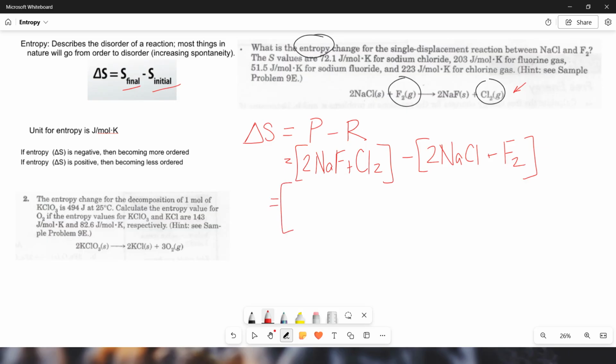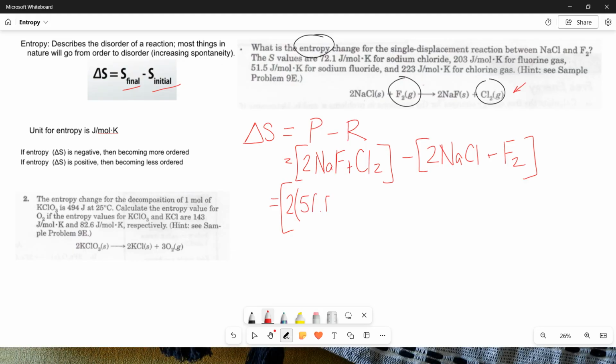So if we go ahead and substitute in 2 times the sodium fluoride value, which is 2 times 51.5, plus the chlorine value, which is going to be 223, minus 2 times the sodium chloride value, which is 72.1, plus the fluorine, which is 20.3.